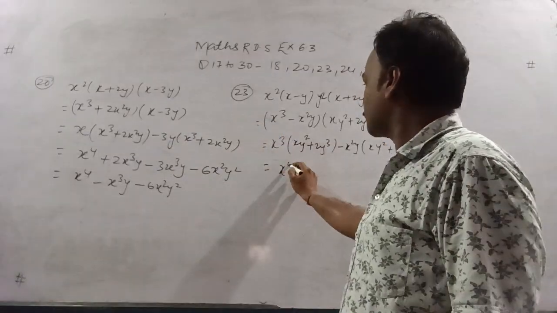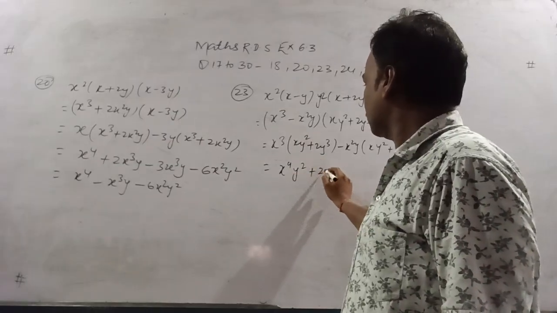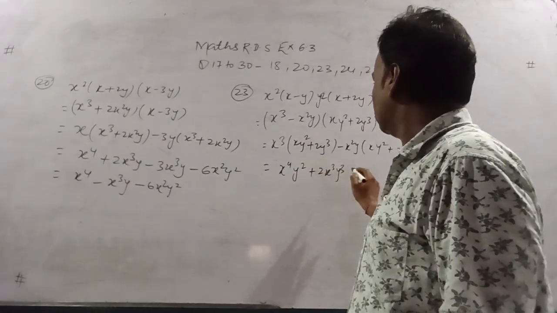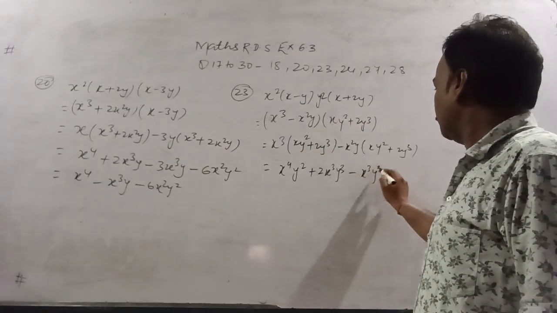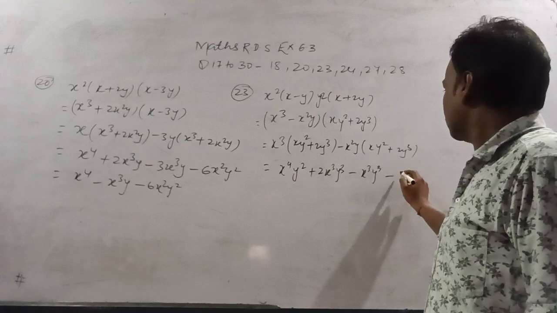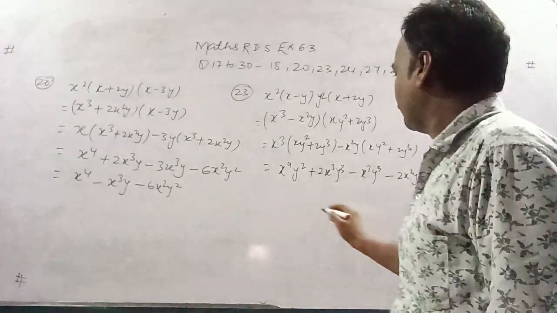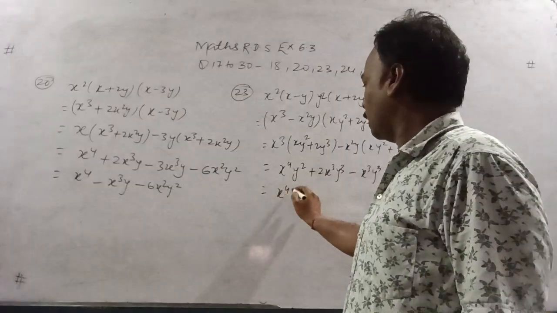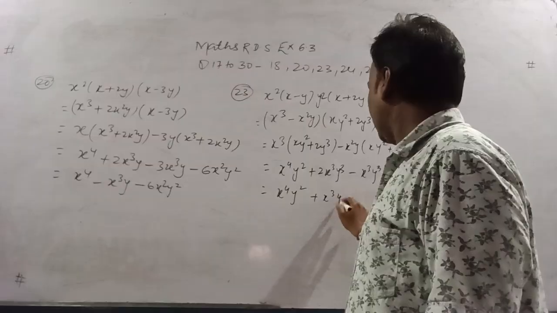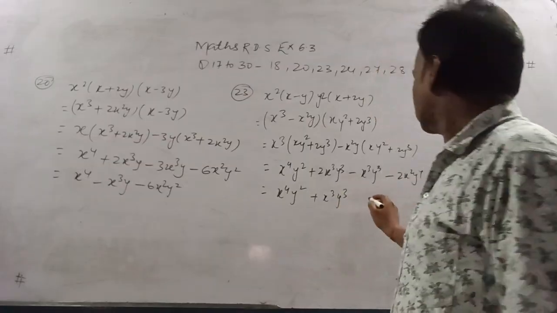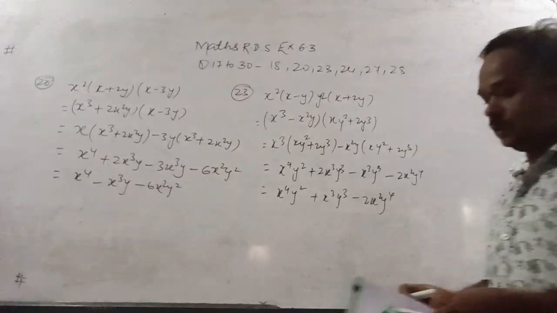This is equal to x to the power 4 y square plus 2x cube y cube minus x cube y cube minus 2x square y to the power 4. This is equal to x to the power 4 y square plus x cube y cube minus 2x square y to the power 4.